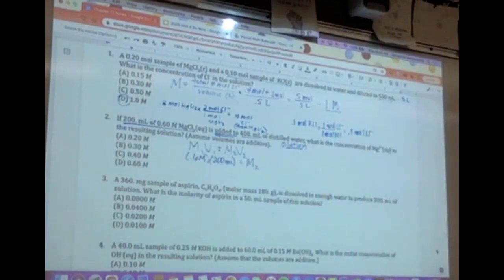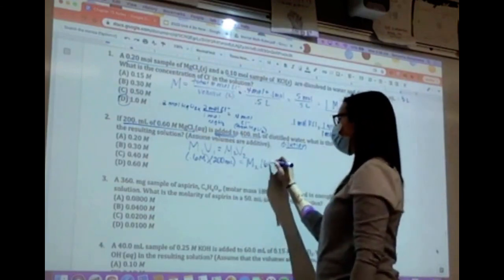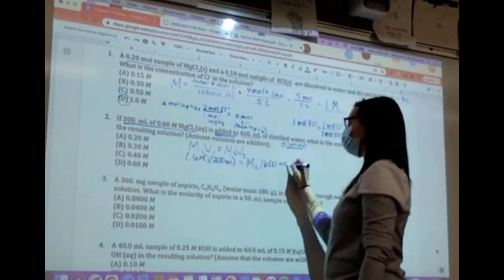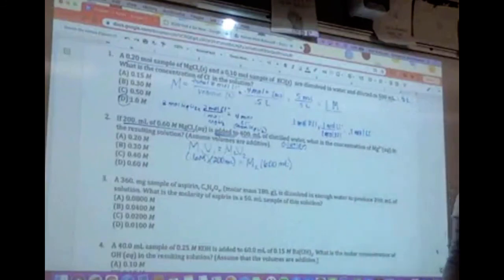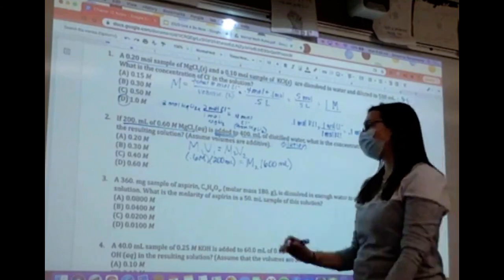Now I double underlined the two most important words here: added to. So 200 milliliters is added to 400 milliliters. So the new volume is 600 milliliters. And in the problem, it even said, assume the volumes are additive. That means you're adding them up. Now you look at this initially and you're like, oh man, we still don't get a calculator.